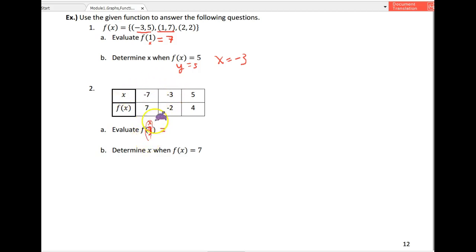So when x equals negative 3, what is y? Y was negative 2. Here I'm finding x given y. So I know f of x, so down here I go down to f of x. I know f of x is 7, and I want to know x. So the x that goes with that 7 is negative 7.